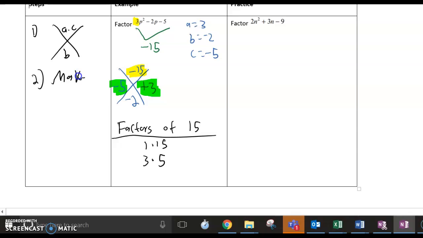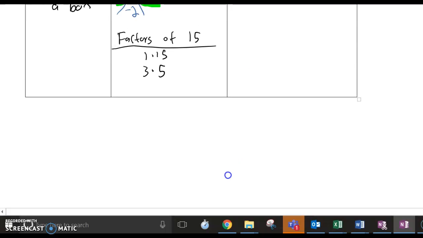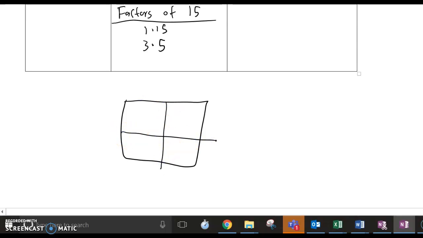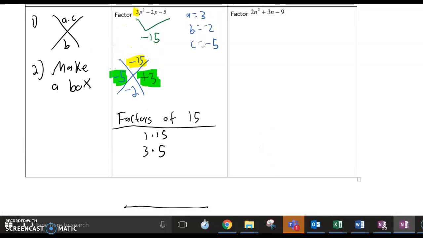And I'll go through this nice and slow. Okay, I'm going to go below my line here a little bit. Okay, you've probably seen this before. Hopefully it's somewhat familiar, but if it's not, I'll try to move slow. In the top corner of our box, we're going to put this 3p squared.